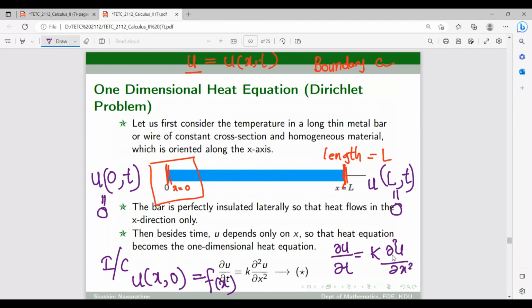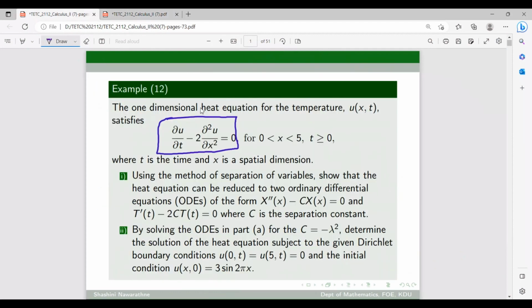We can write this by taking this entire thing to the other side, so we can rewrite this as ∂u/∂t minus K ∂²u/∂x² equals 0. If we compare this with our original problem, the value of K is equal to 2.